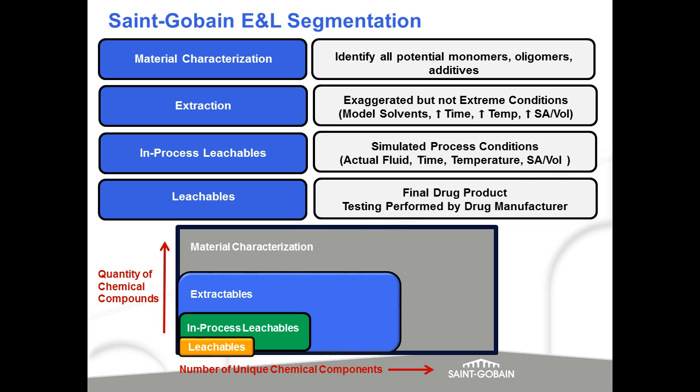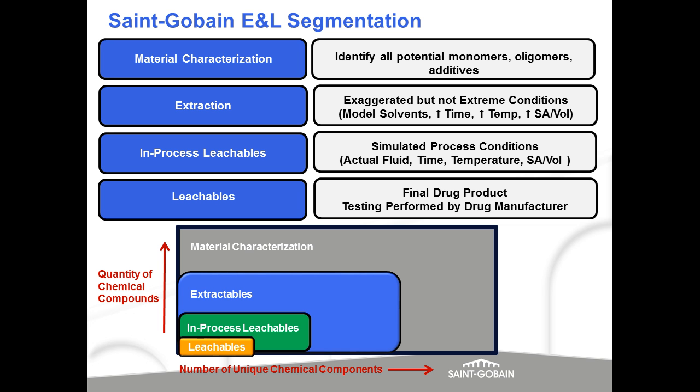In addition, we have what we call in-process leachables, and that covers a very wide range of different test methodologies. We're using really simulated process conditions where it's generally an actual bioprocess fluid. We use the actual times in the process, the temperatures, and the actual process surface area to volume ratios.